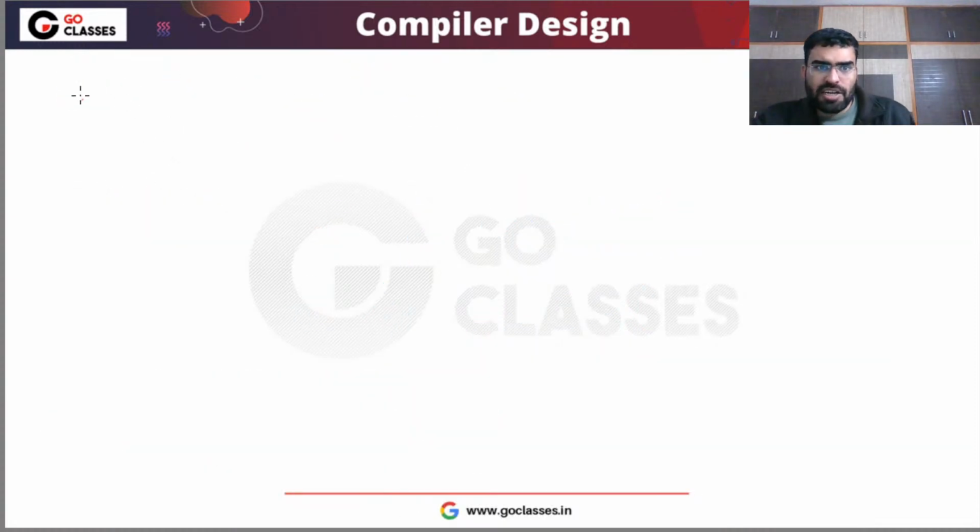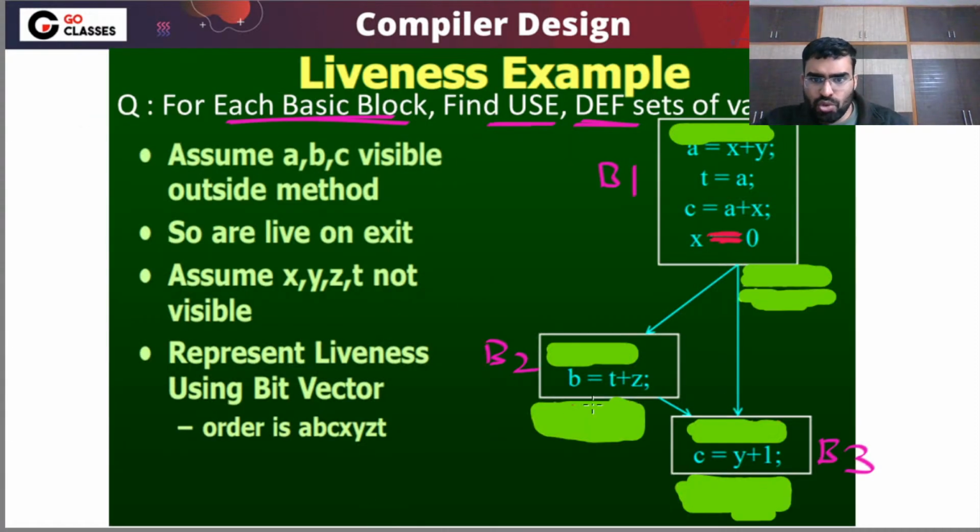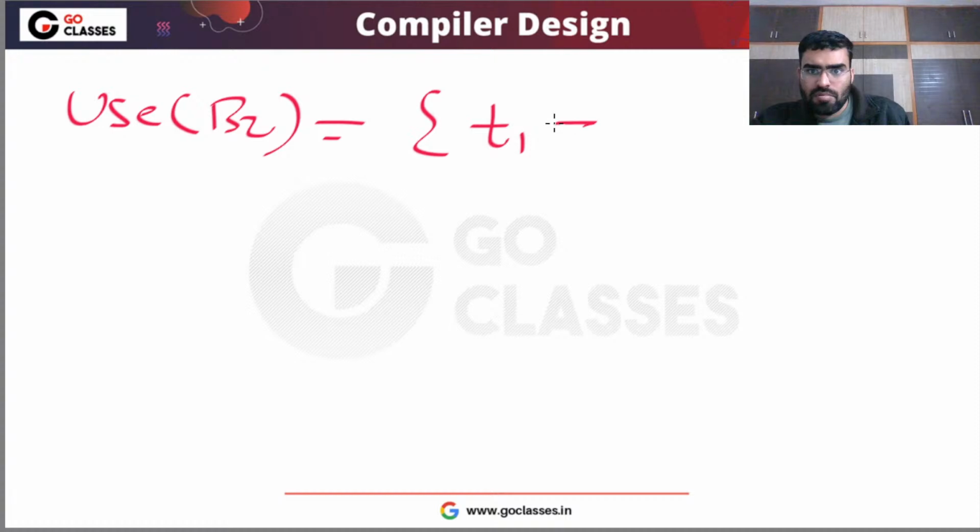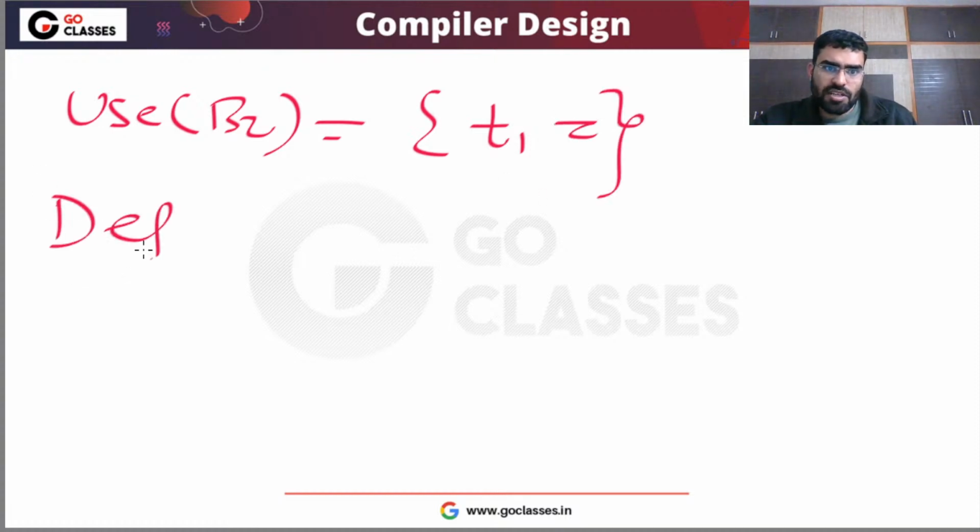Now similarly, what are the used variables in B2? That is T, Z, correct? So the answer is T, Z. And what are the defined variables in B2?